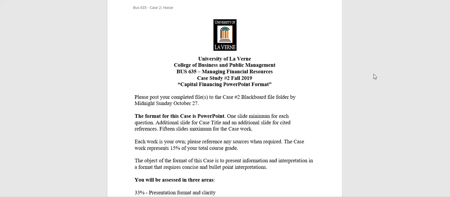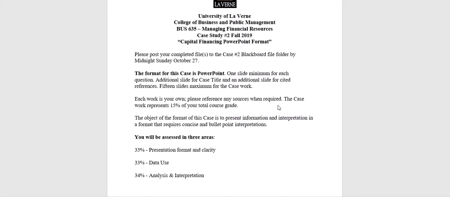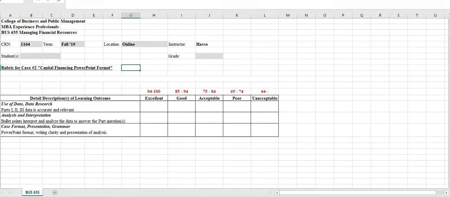So this is a PowerPoint, and it's going to your assessment, which I have included the rubric. Here's the rubric right here. In your case number 2 work, this is how I'll be grading it. I'm looking at these 3 areas: use of data, analysis and interpretation, case format, presentation, and grammar, the presentation of your slides.